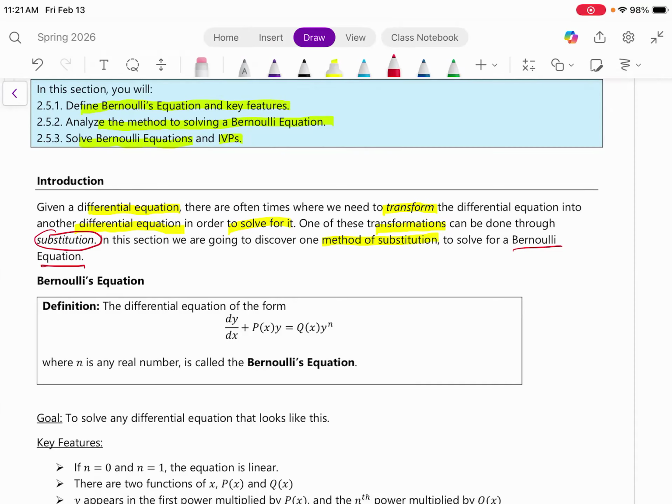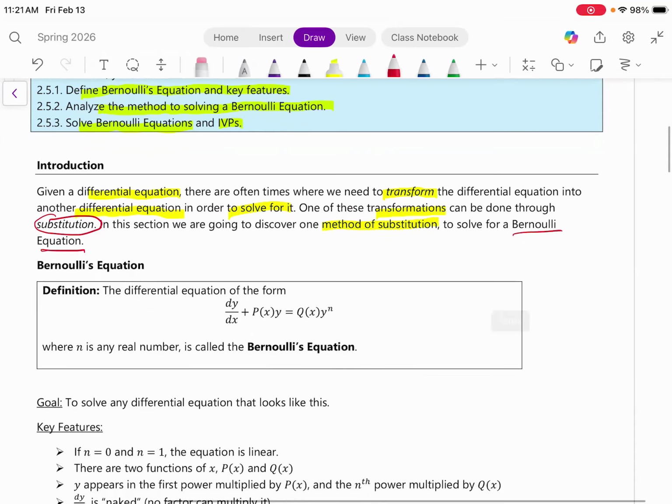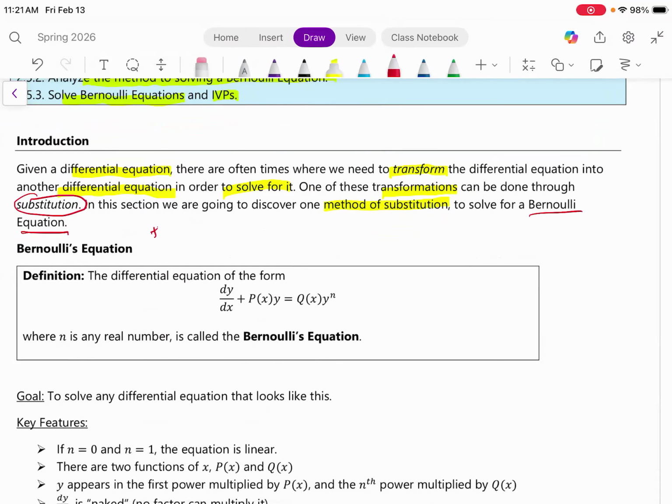And we can do that with Bernoulli's equation. And so we'll say it relates to u substitution for integration. Okay, so it's a similar concept.